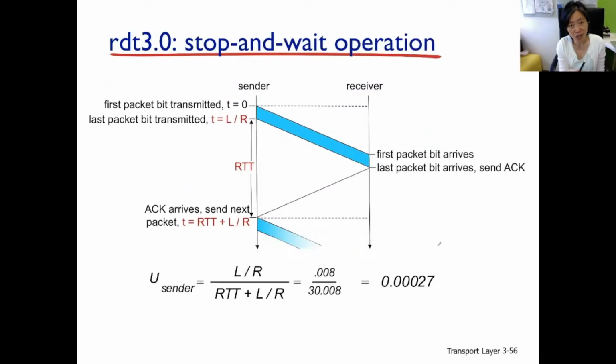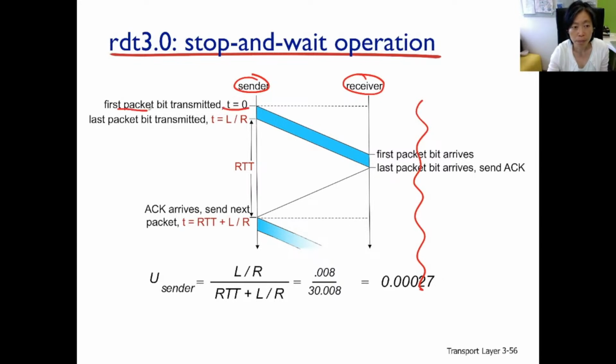And if I illustrate the scenario I just described there, sender, receiver, and this is timeline, okay? At time 0, first packet bit is transmitted. So right here, first bit goes onto the link. And it takes this amount of time, that is the time to transmit all bits on the packet. So last packet bit transmitted is right at this time, okay?